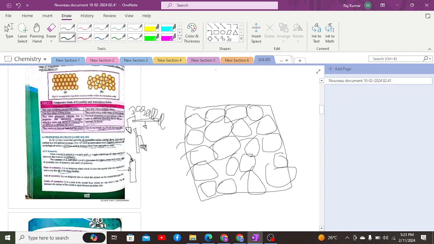So let's suppose light is coming from the horizontal direction. As the light ray comes from the horizontal direction, it will strike the graphite.